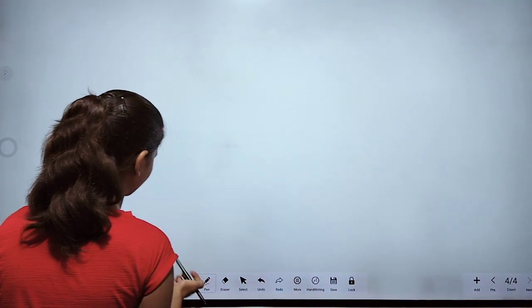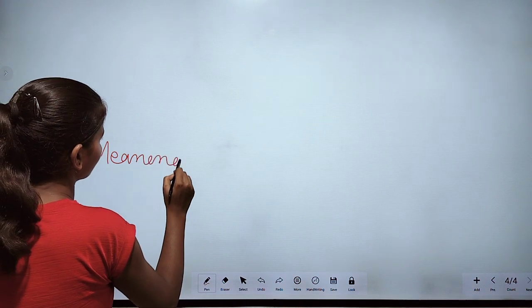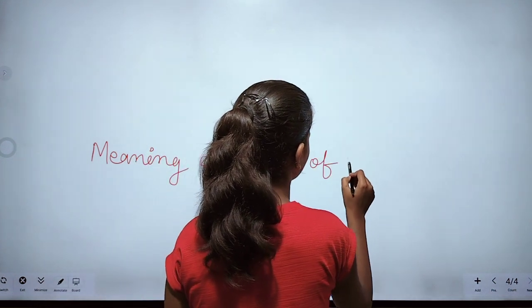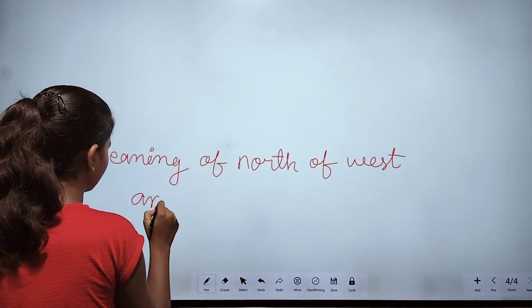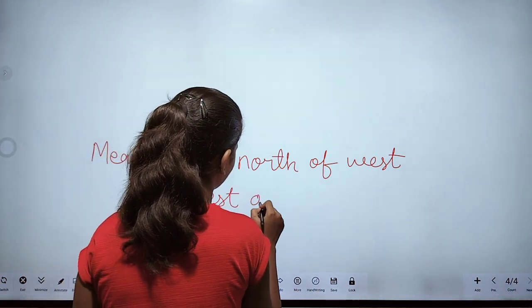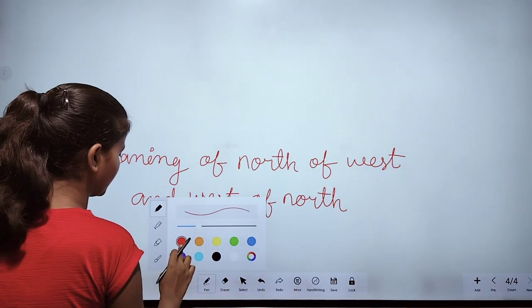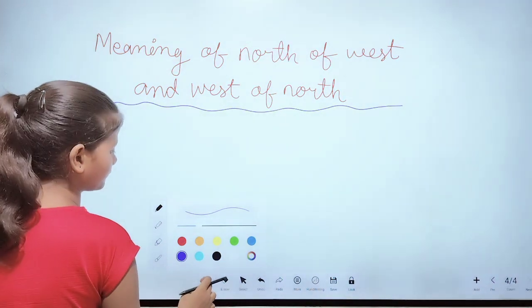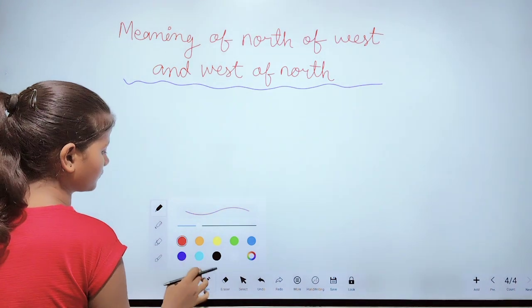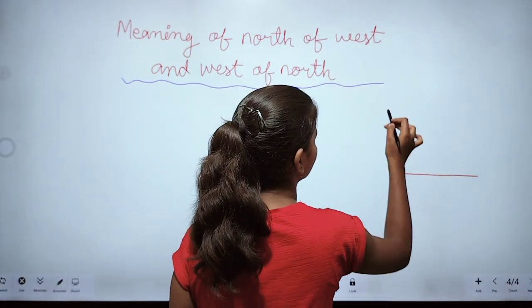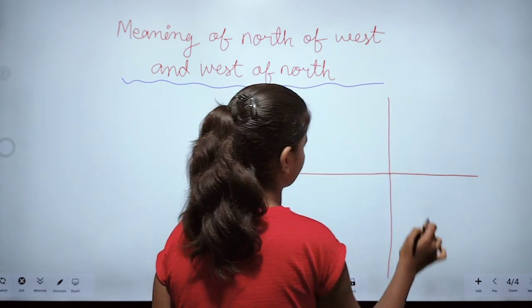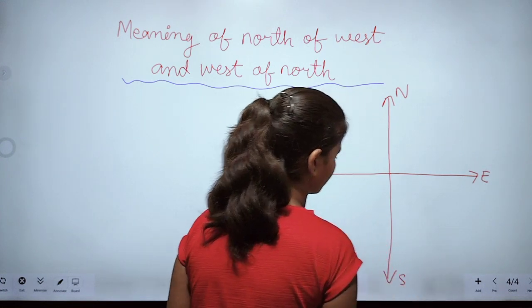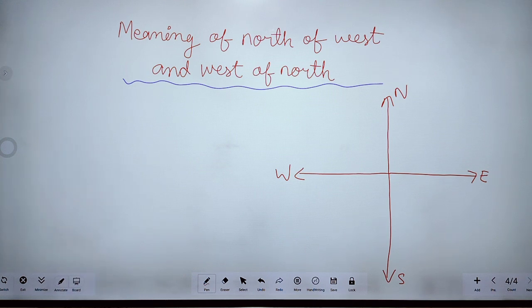Here we have east, north, south, west, and the directions laid out. Let's see the meaning of north of west and west of north.